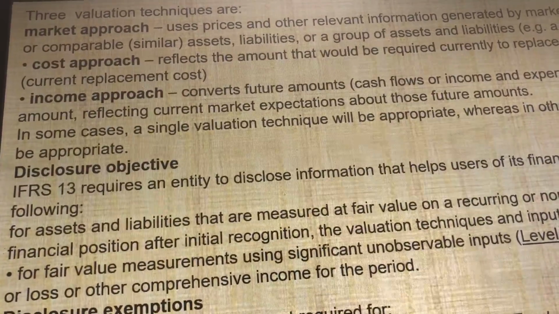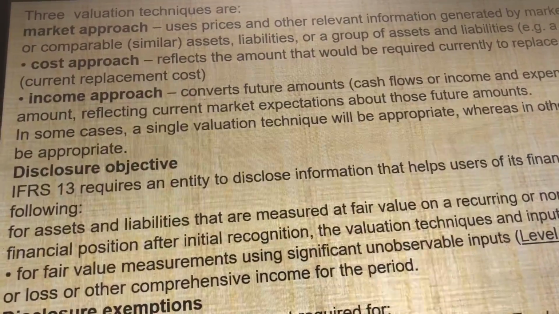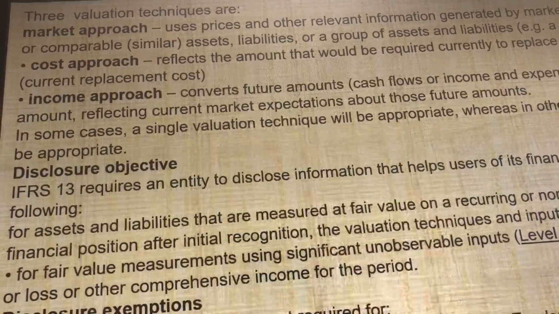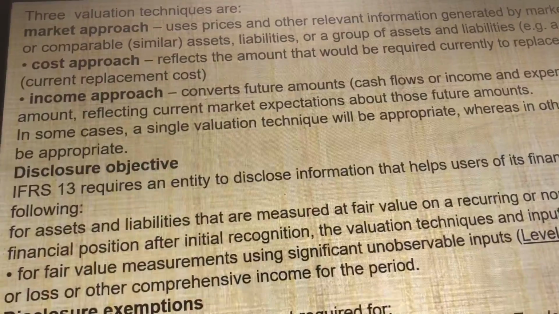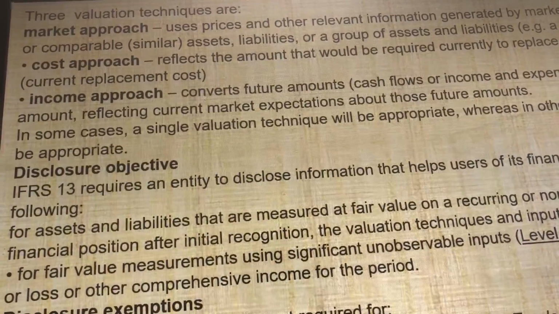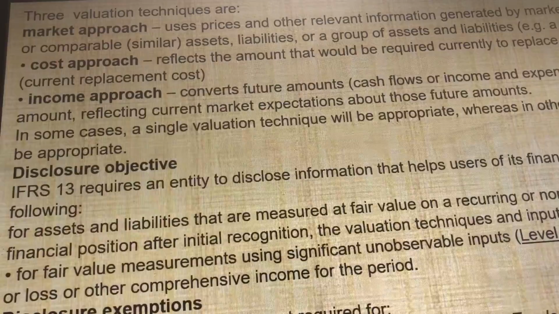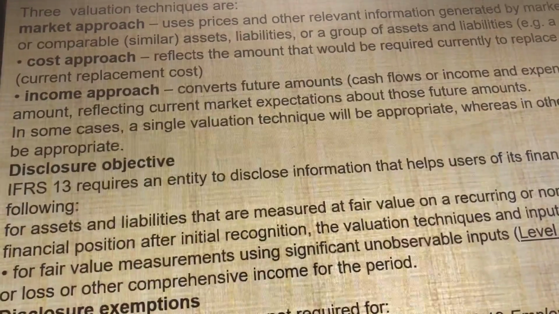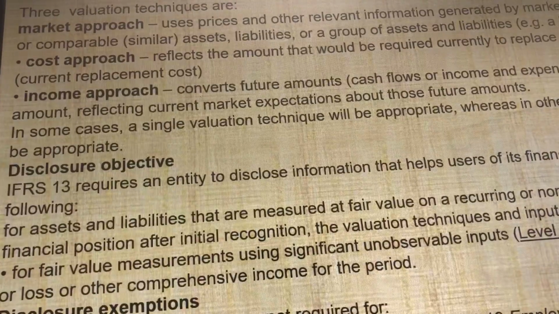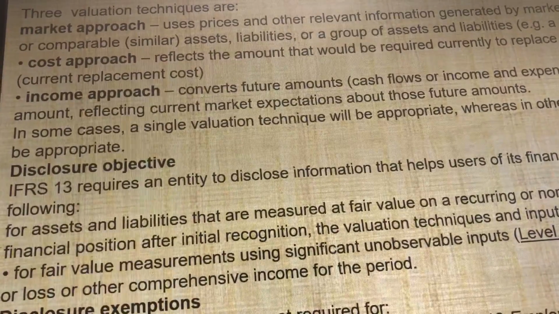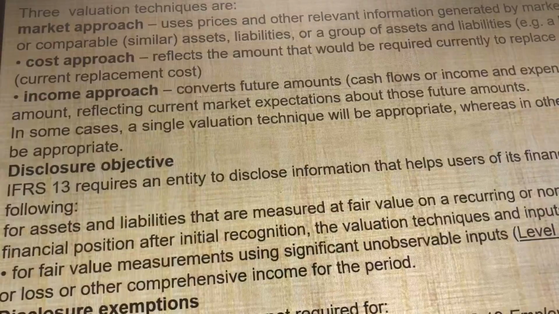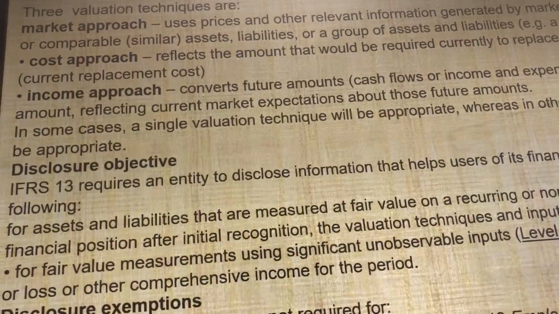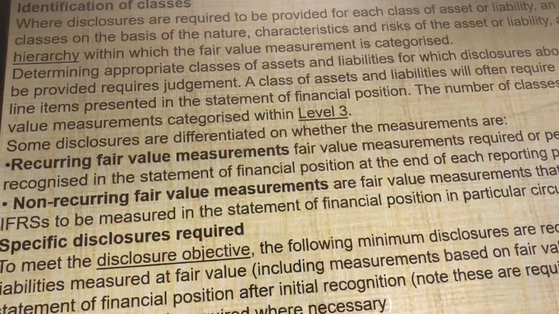Disclosure exemptions. The disclosures required are not required for plan assets measured at fair value in accordance with IAS 19, employee benefits, and retirement benefit plan assets, and for assets for which the recoverable amount is fair value less costs of disposal in accordance with IAS 36, impairment of assets.